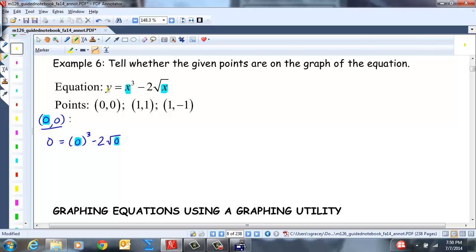The y coordinate is also 0, so I plug this 0 in for y. What we want to see is if we get the same on the left as we do on the right. So we'll get 0 minus 0. We're checking if this is true. So 0 does indeed equal 0. That's true, so our answer is yes.